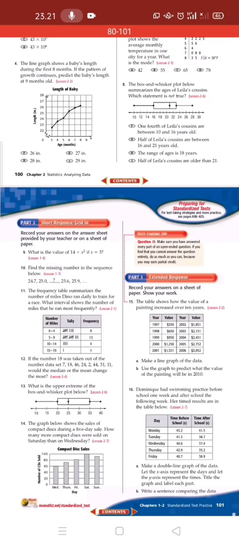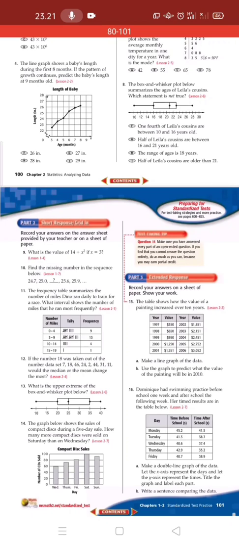12. If the number 80 was added to the set 7, 18, 46, 24, 2, 44, 31, 11, would the median or the mean change the most? 13.